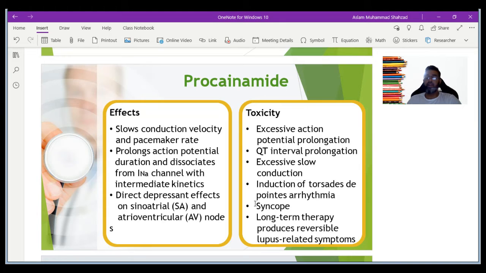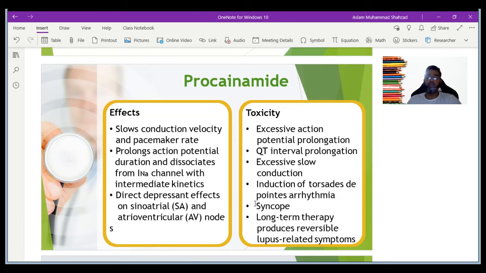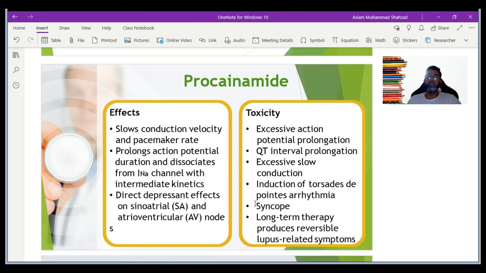But their excess use can be responsible for excessive action potential prolongation, which could lead to QT interval prolongation and excessive slow conduction, and it can induce Torsades de Pointes arrhythmia, or syncope, or long-term therapy can produce reversible lupus-related symptoms.